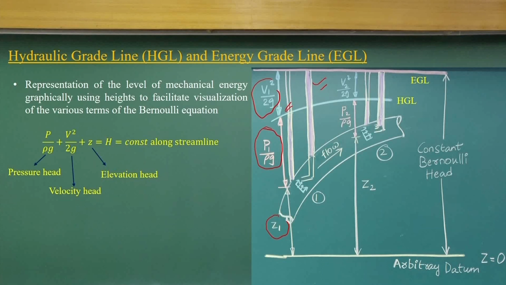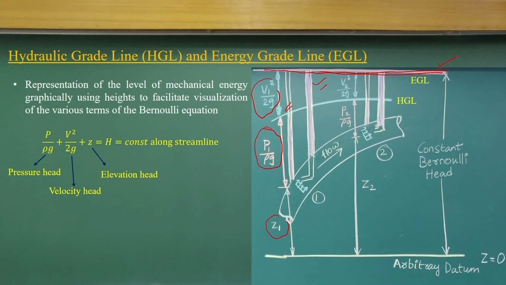So, always we should have a flow from higher energy to lower energy. This case is not appropriate; there should be a gradient of the energy gradient line, otherwise it is not possible to have a flow. If there is a flat energy gradient line, there will be no flow. There is no flow when you have a constant energy gradient, that is, no slope of the energy gradient line.